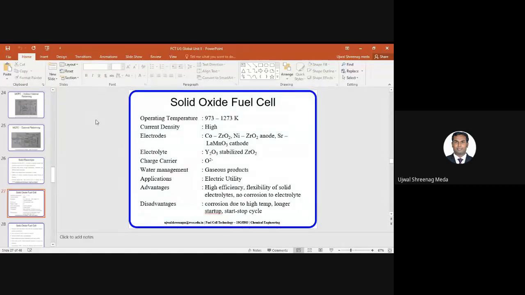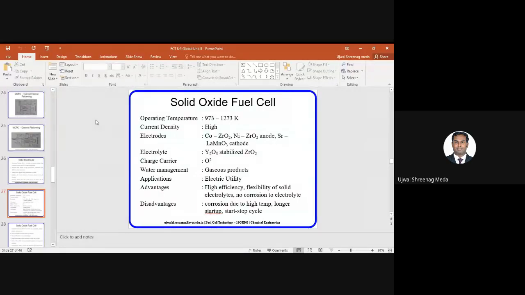However, when it comes to a liquid electrolyte, the orientation might play a role. And because of the solid electrolyte, there is no corrosion because of the electrolyte. Of course, there is other corrosion because of high temperature, but not because of a liquid electrolyte.